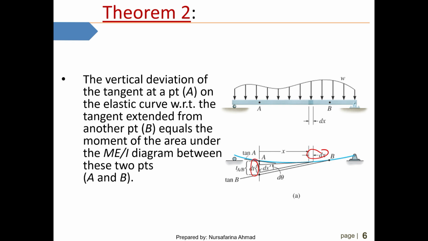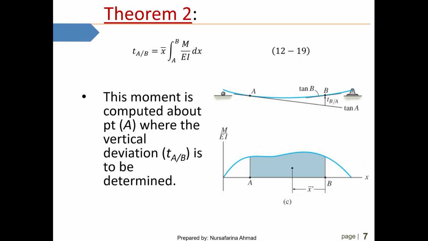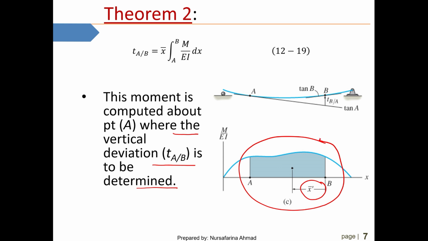The vertical deviation of the tangent at a point A on the elastic curve with respect to the tangent extended from another point B equals the moment of the area under the M/EI diagram between these two points A and B. This moment is computed about point A, where the vertical deviation t A/B is to be determined. Since the centroid of an area is found from x bar, and the integration represents the area under the M/EI diagram, here is the equation to determine deflection.